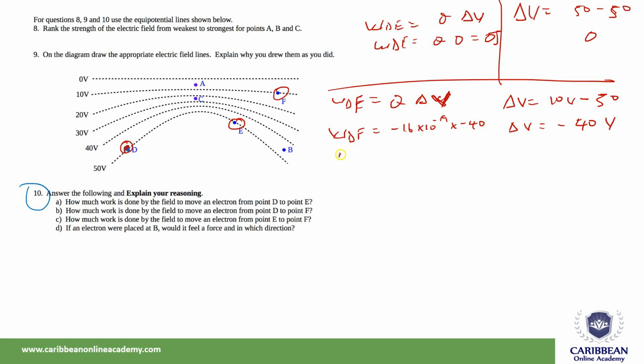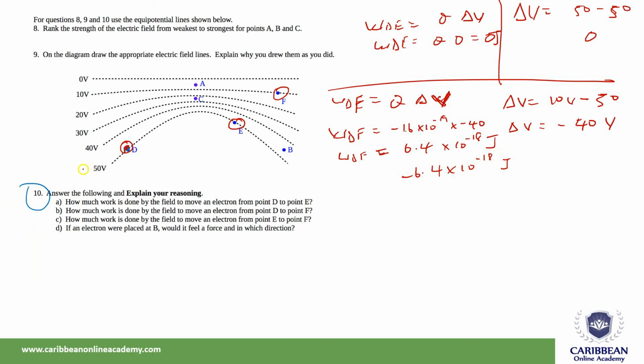When we work that out, the work that we are calculating is 6.4 times 10 to the minus 18 joules. This is the work that was done by the agent. So the work that was done by the field is going to be negative 6.4 times 10 to the minus 18 joules.